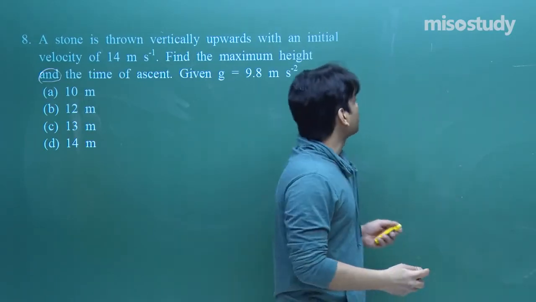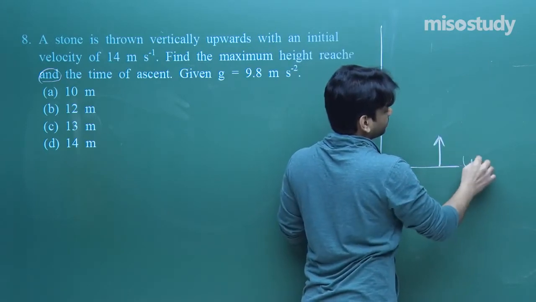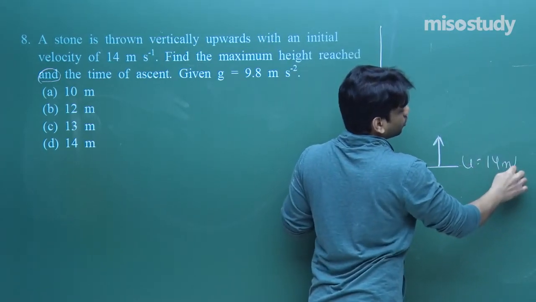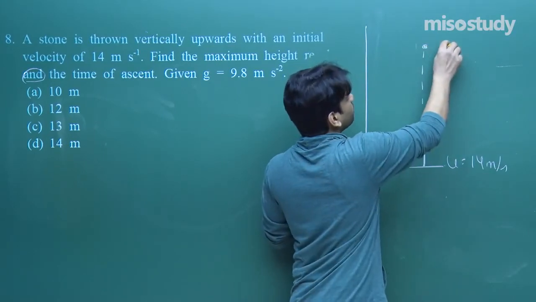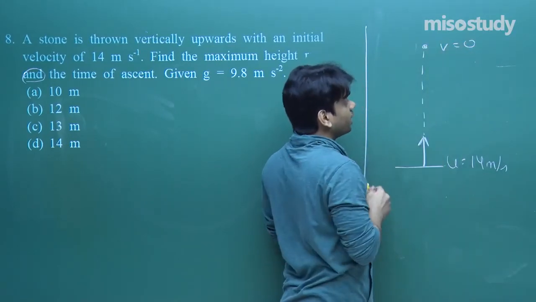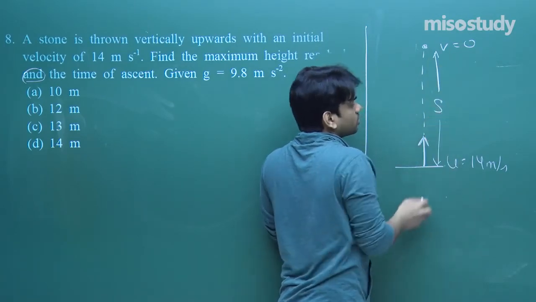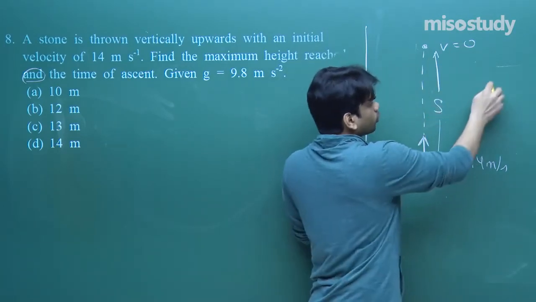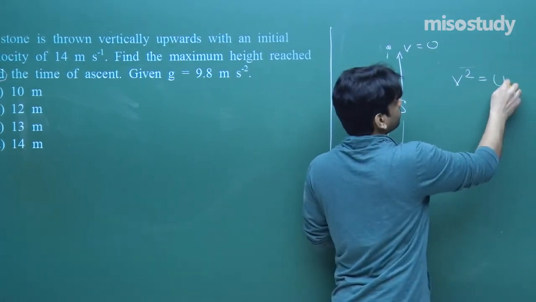Let's try to find out. Initial speed is 14 meter per second. As it reaches the topmost point, its velocity will become 0. We need to find out the maximum height, so let me write this as S. Can we use v square is equal to u square plus 2as for the upward motion?